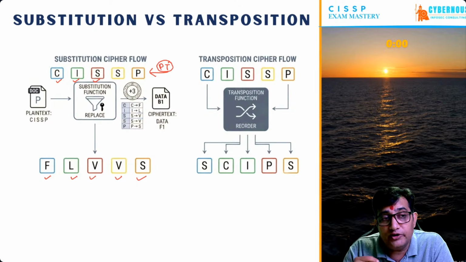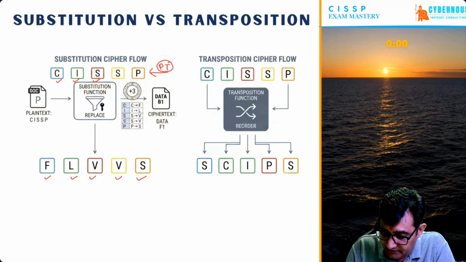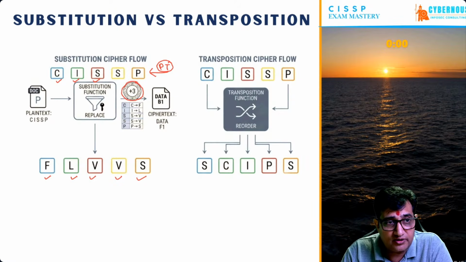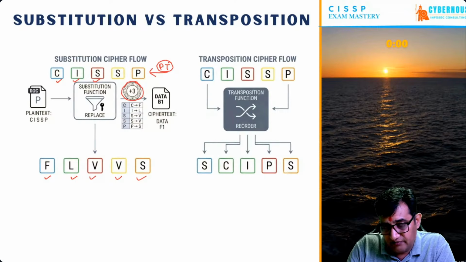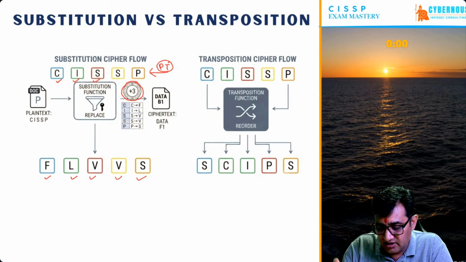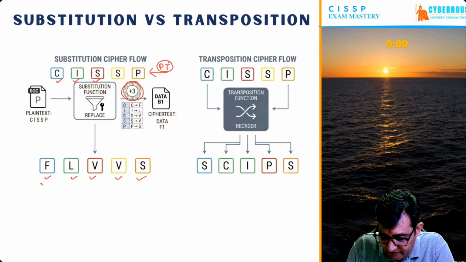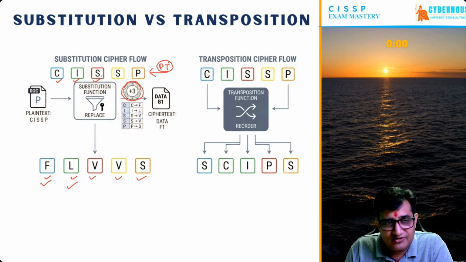And how do we do that? For example, in this particular case, I have taken a very simplistic example here, +3. It is also called ROT. In this, every character is shifted forward by 3 characters. So C becomes F, I becomes L, S becomes V, and so on.